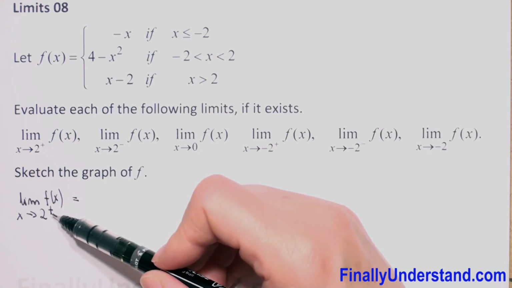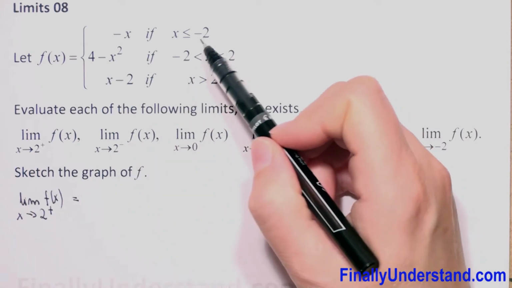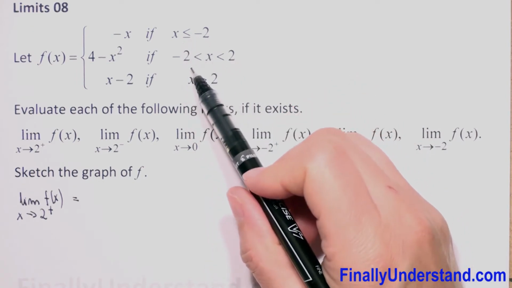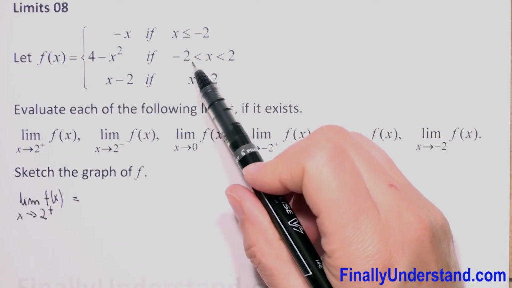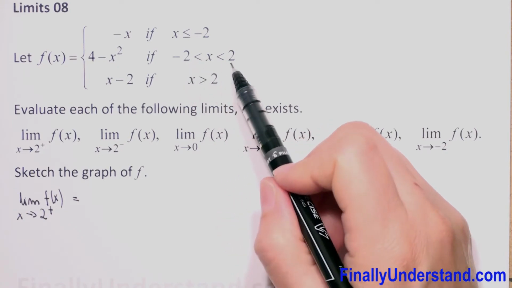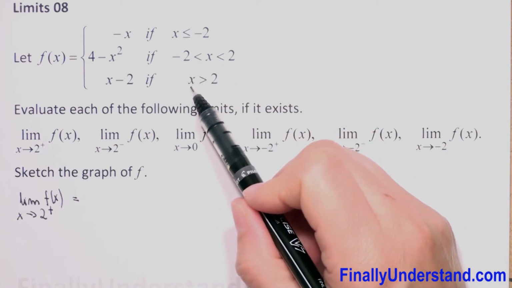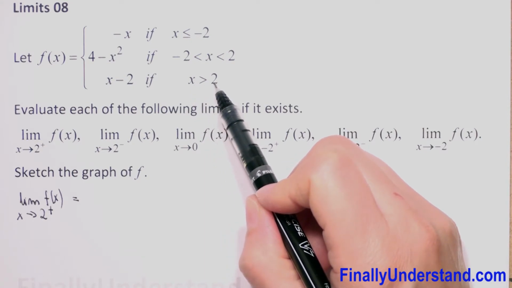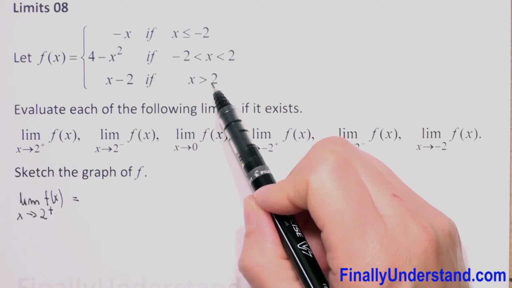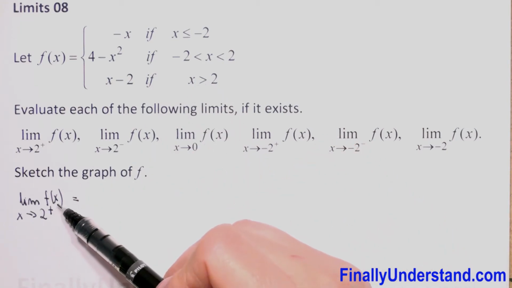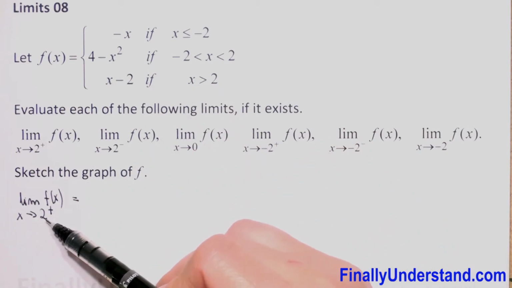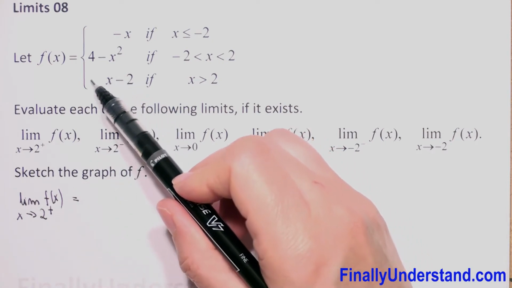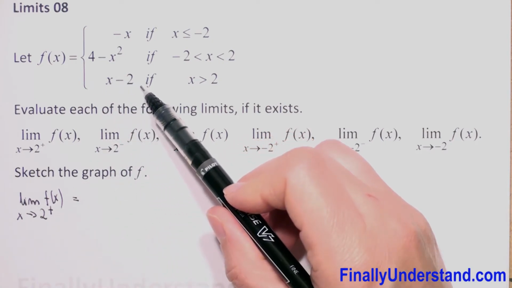from the right side. This first part is for x less than or equal to negative 2. This is for x belongs to the interval from negative 2 to 2. And the third part is for x greater than 2. So for the limit of f(x) as x approaches 2 from the right side, we will check our third part of our function.